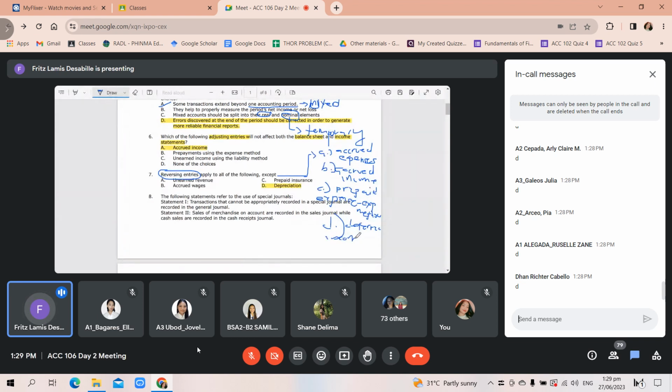Using or under the income method. Sige. I'll just repeat it and again, panote na lang. Ang gina-reverse na to, accrued expenses, accrued income, prepaid expenses under the expense method, deferred income under the income method.